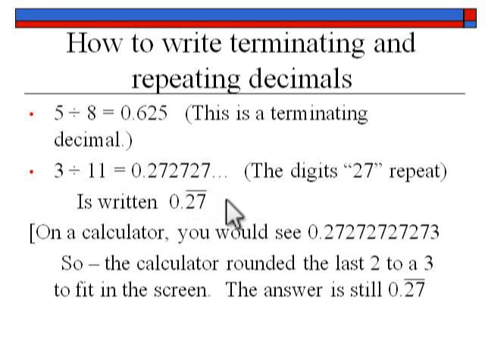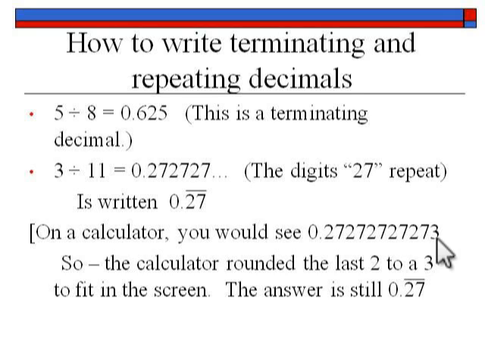Now, on our calculators in the classroom and possibly yours at home, depending on the kind of calculator you have, ours at school are smart. Meaning, it doesn't just chop it when it gets to the end. It actually will round it. So if you see something that looks repeating, like 27, 27, 27, and all of a sudden there's a 3, it's not just going to all of a sudden be a 3.